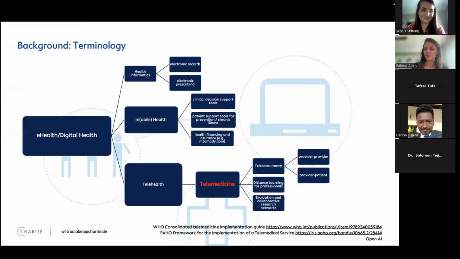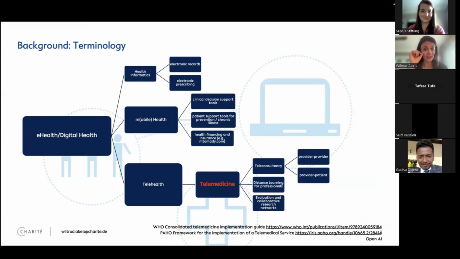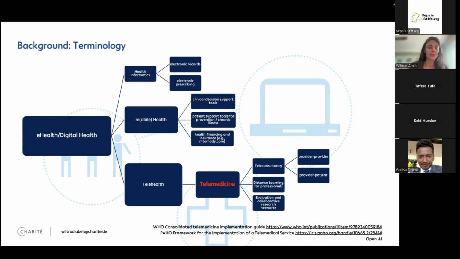And I want to start with terminology and with definitions, because I have very often found that there is a lot of confusion around all the different terms related to telemedicine, telehealth, digital health that float around.